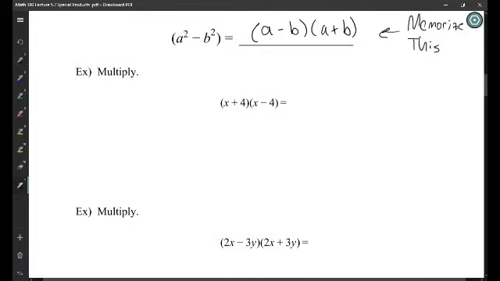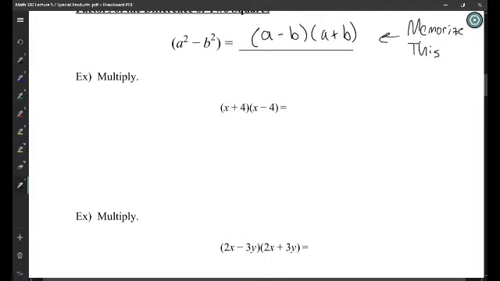Let's try our new formula out on this product of x plus 4 and x minus 4. So this is guaranteed, since it is of this form, to take whatever we have here. Okay, so that's x.